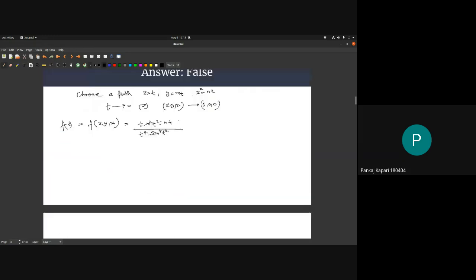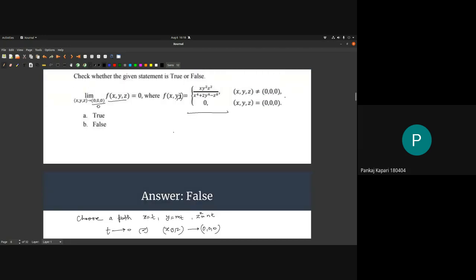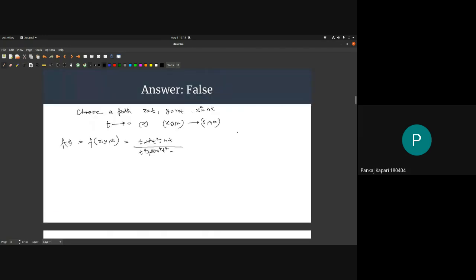Okay, this is plus, we are adding here, not multiplying, and then minus z to the power 8. What is z to the power 8? It is z square to the power 4, right? And z square is n times t. So this is n to the power 4, t to the power 4.